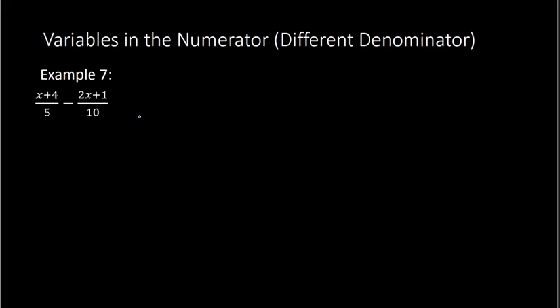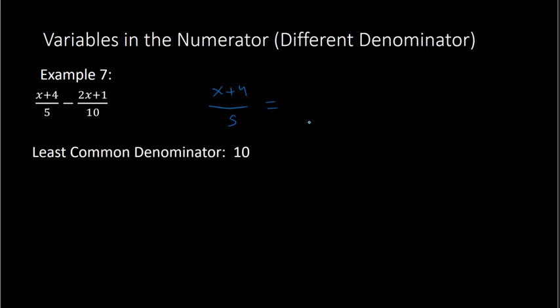So I need to begin by finding the least common denominator. So looking at 5 and 10, the least common denominator would be 10. Alright, so I need to convert both fractions so that we have a denominator of 10. The second fraction is okay already, but the first fraction, x plus 4 over 5, I need to write as something over 10.